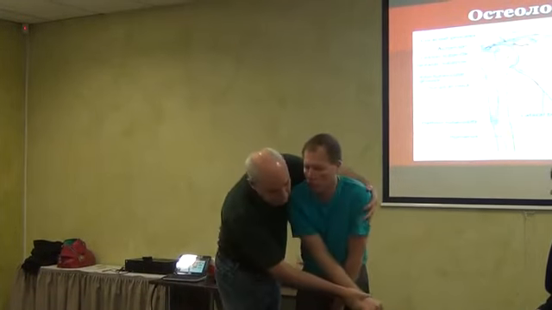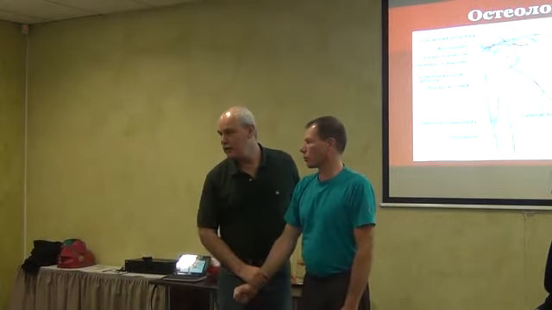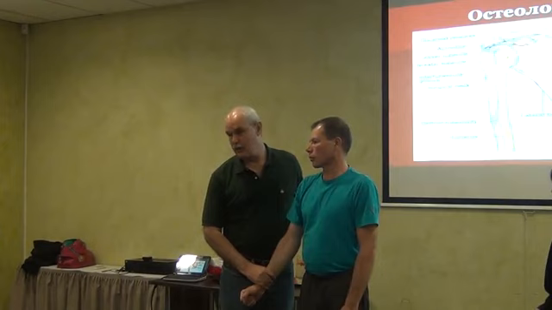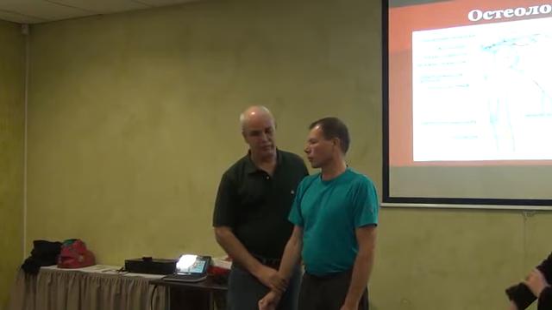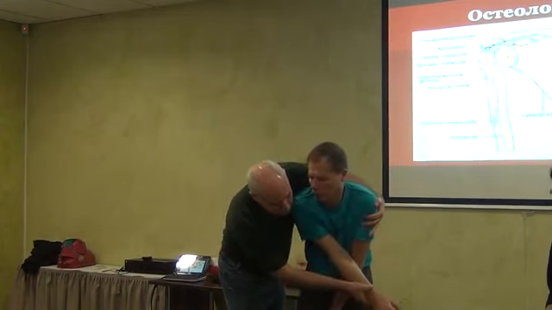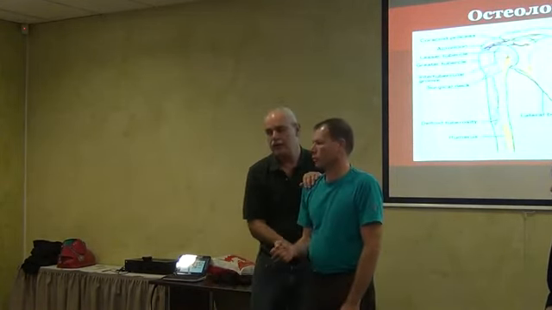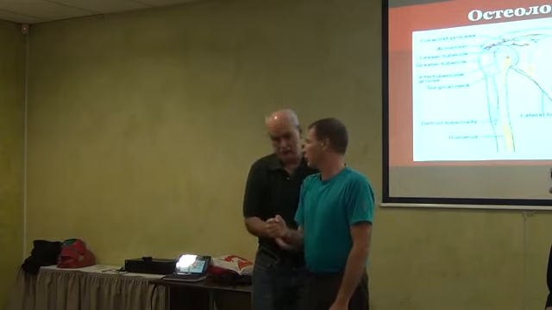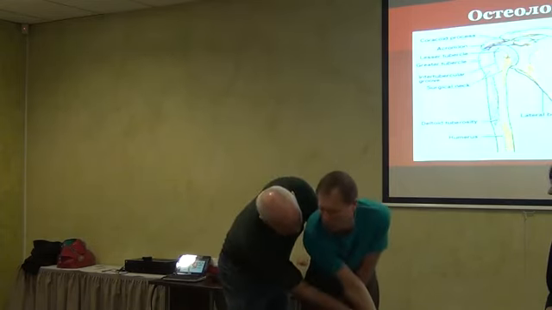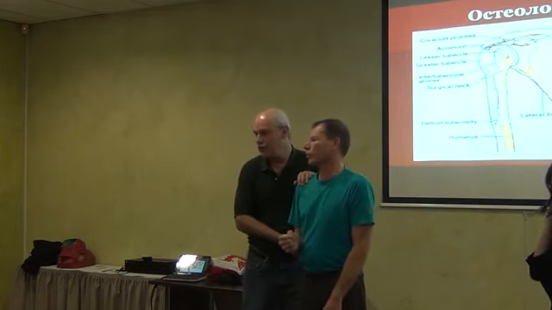I stretch it again, and serratus anterior becomes weak. If I stretch this capsule, this bursa, again and test the rhomboid, now this is weak.